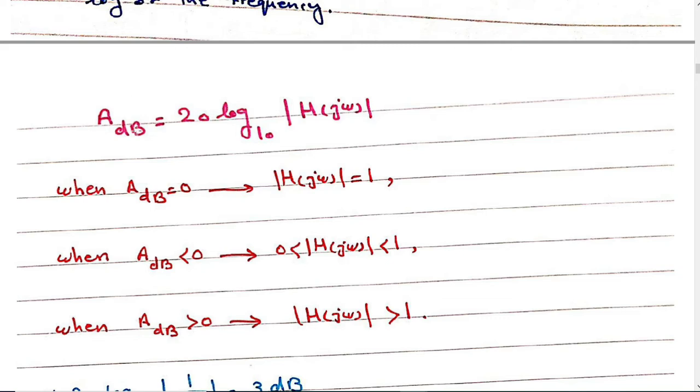The magnitude A dB is 20 times log of the magnitude of the transfer function. What is the base? The base is 10. So this is the equation for decibels. I explained it before.